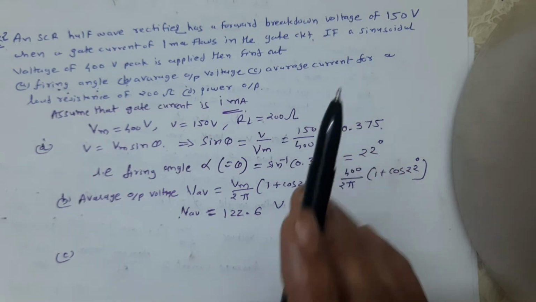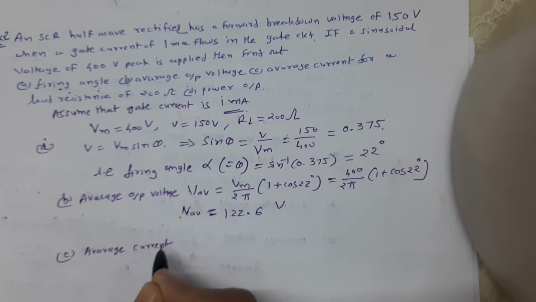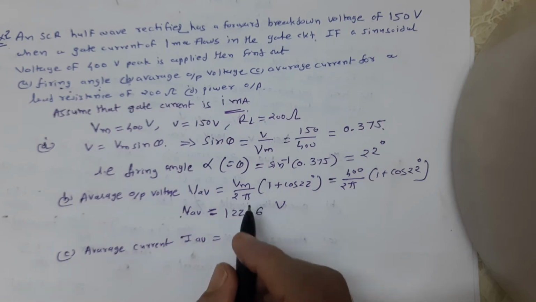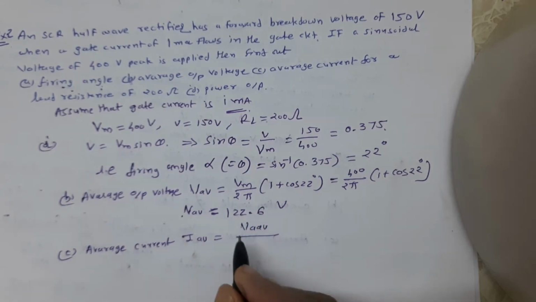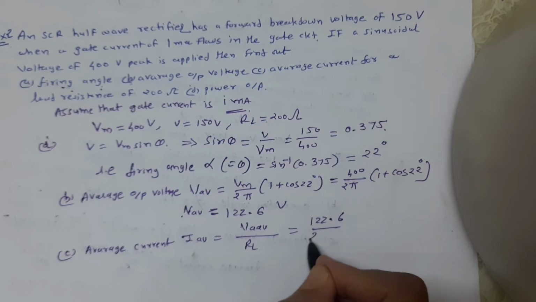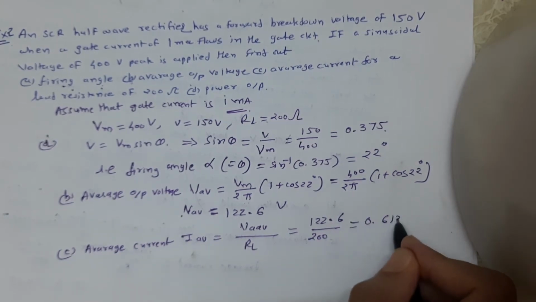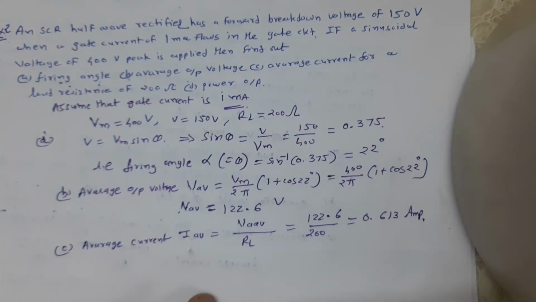The third one, C, is the average current. The average current I average is equal to average output voltage V average divided by RL, that means 122.6 divided by 200, which is equal to 0.613 ampere. This is the average current.